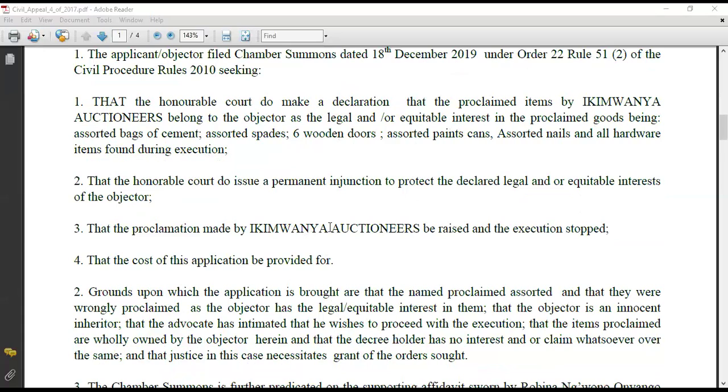So at this point, I want to talk about the applications which are brought by chamber summons.